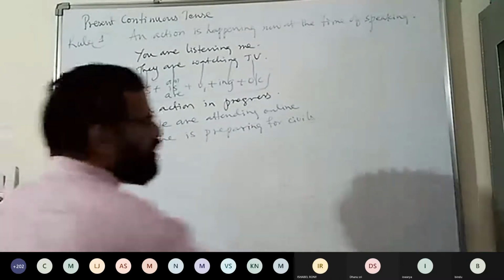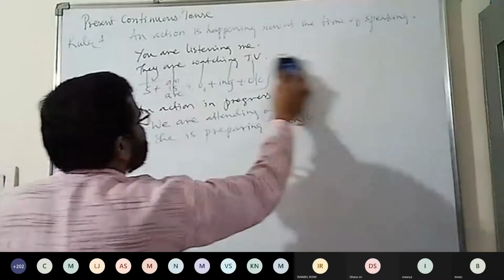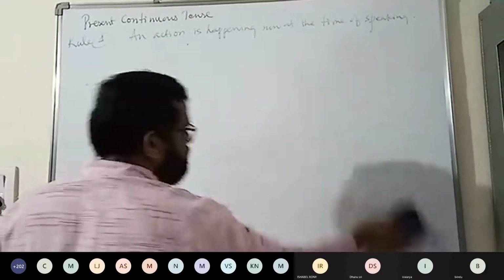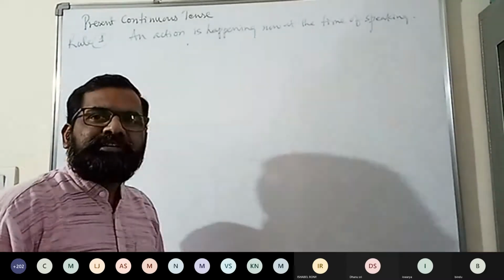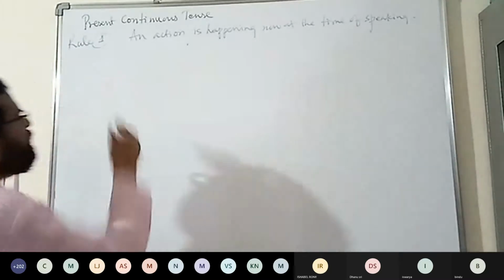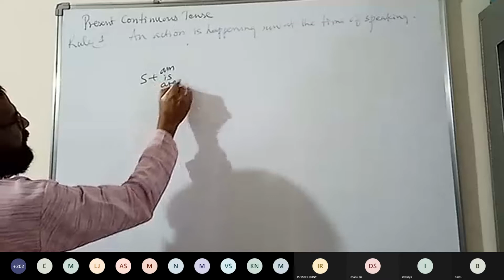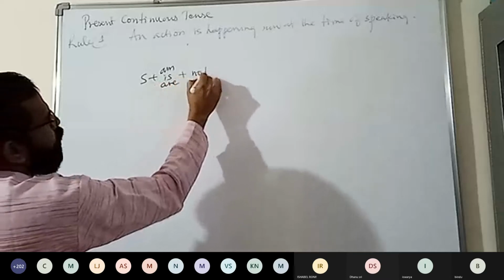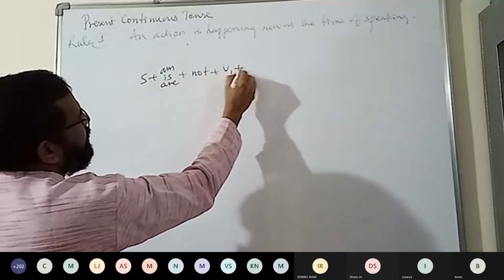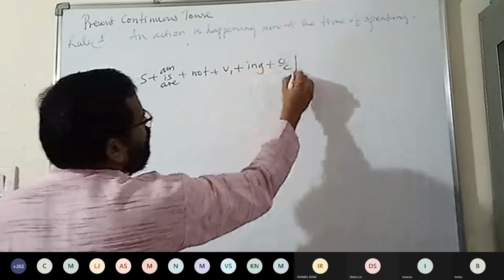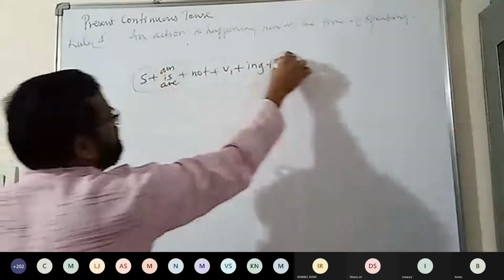All right, let's now move to negative structure. Subject plus am, is, are plus not plus V1 plus ing plus object or complement.